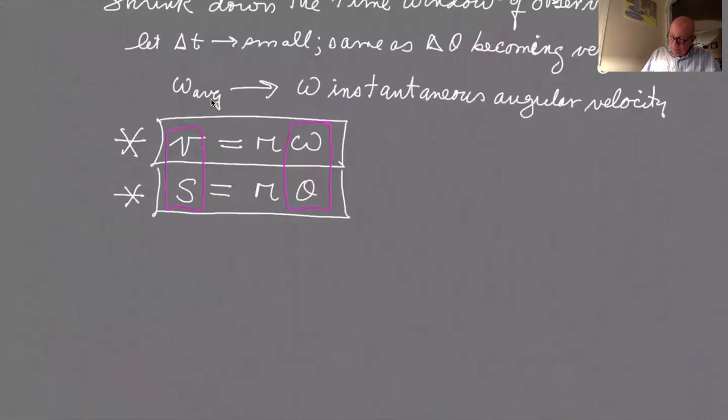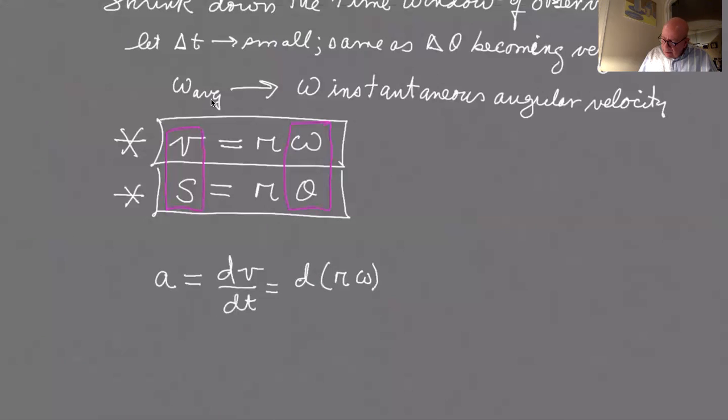So lastly, we know that the acceleration is now going to be equal to the change in the velocity with respect to time, which now is going to be the change in r times omega with respect to time. And if we're talking about mass 1 or mass 2, the radius of those objects are not changing in time.